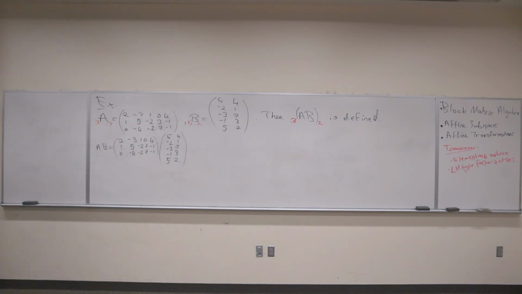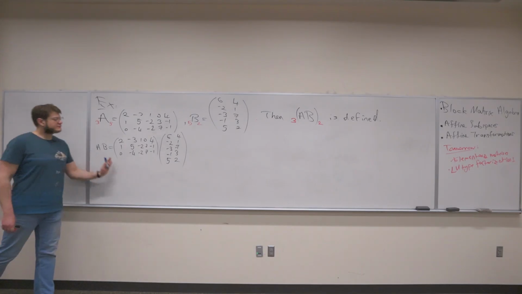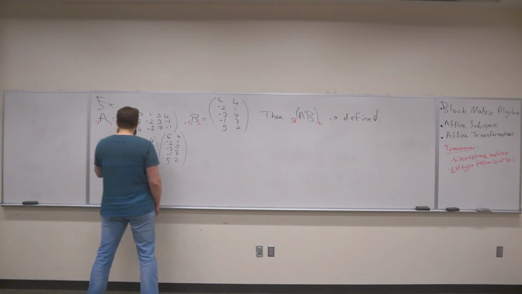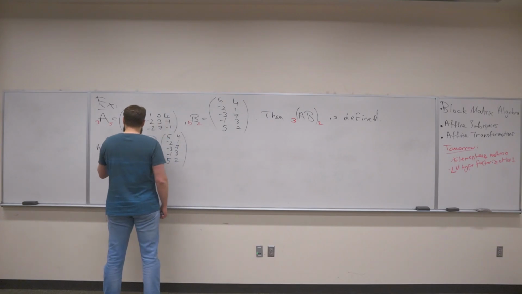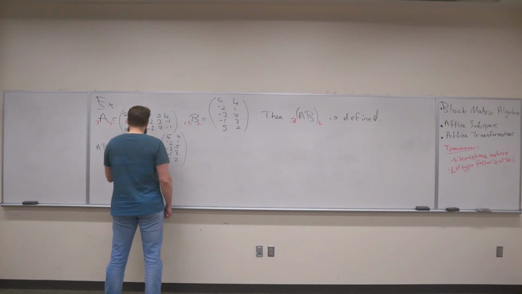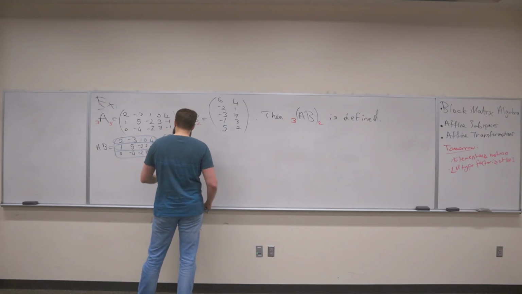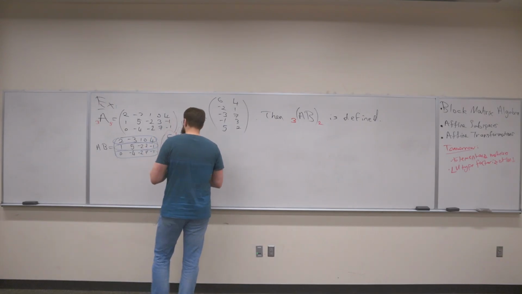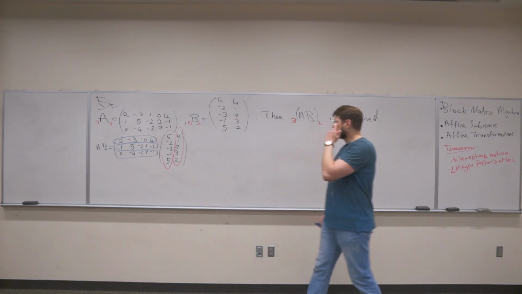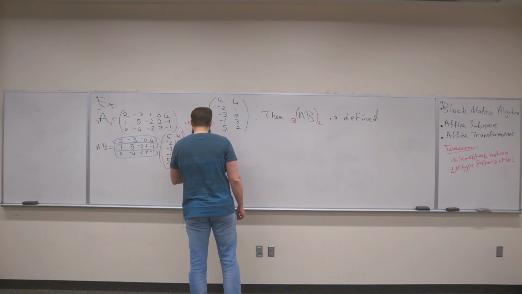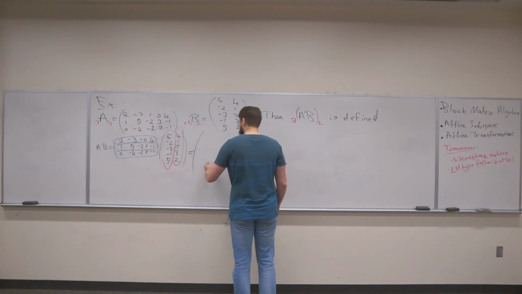Remember, whenever you see two matrices side by side, when you're trying to multiply them, the left matrix you turn into a bunch of rows, and the right matrix you turn into a bunch of columns. And then you're going to mix and match. Then first row, or rather first column, second column. I'm going to end up with a 3 by 2. Let's do this slowly, like this.